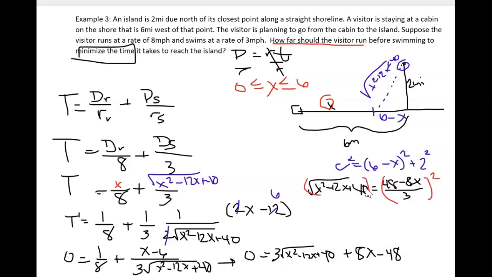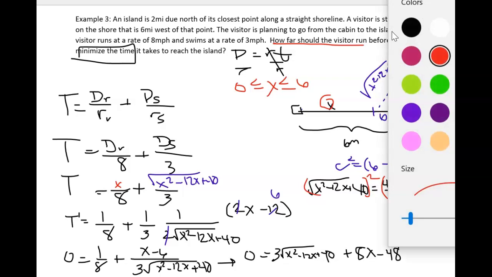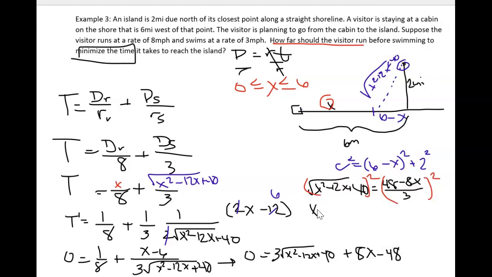That's going to eliminate the radical from my problem and leave me with x squared minus 12x plus 40 equals something over 9. So we're going to multiply that 9 to the other side. And then in my numerator, I've got 48 minus 8x squared.